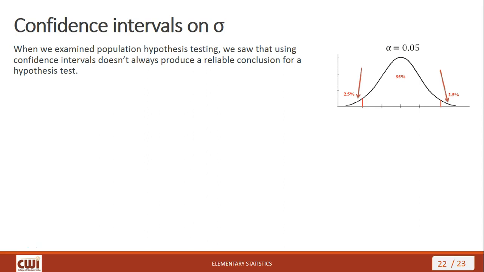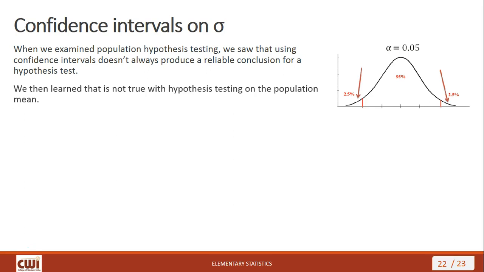Let's talk for a moment about confidence intervals for concluding hypothesis testing on standard deviation. Earlier, when we looked at population hypothesis testing for proportions, we saw that the confidence interval doesn't always produce a reliable conclusion. We then learned that that's not necessarily true with hypothesis testing on the population mean. So we can use a confidence interval on a population mean to decide a hypothesis test.